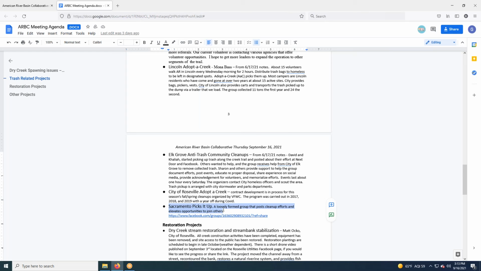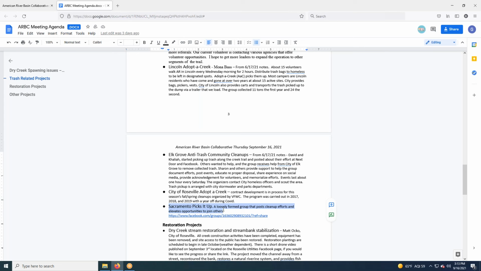And Sacramento Picks It Up has started to form that community to connect different people who care about this issue. I think we could work with them to have a website that connects volunteers and posts about events.